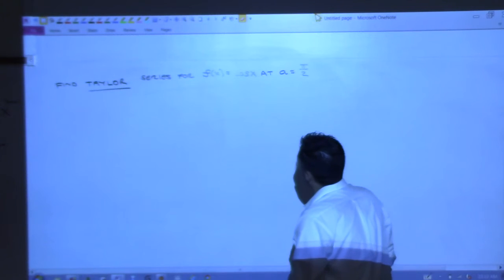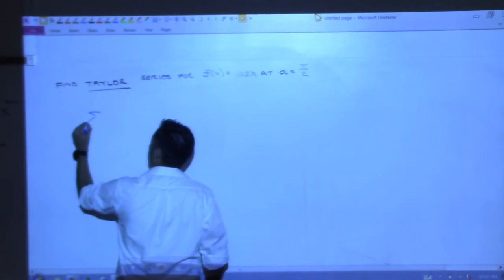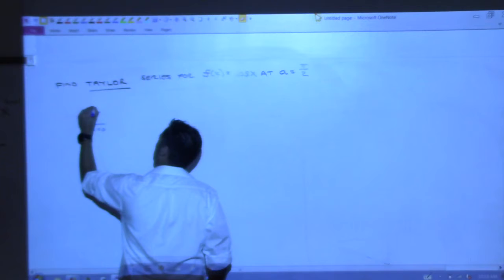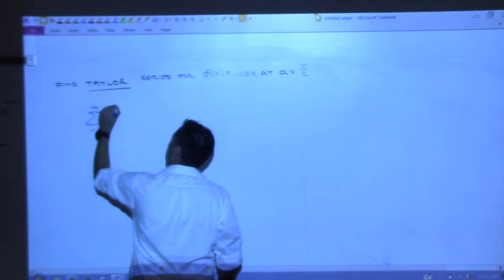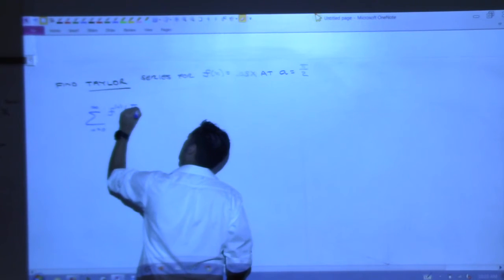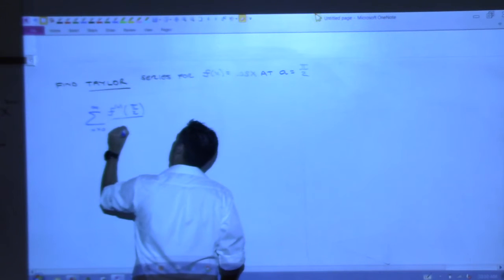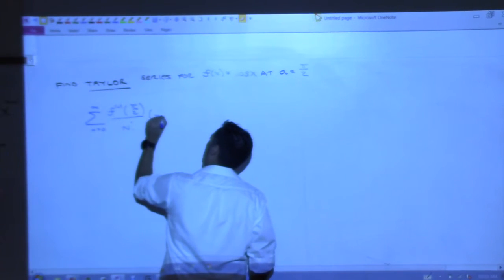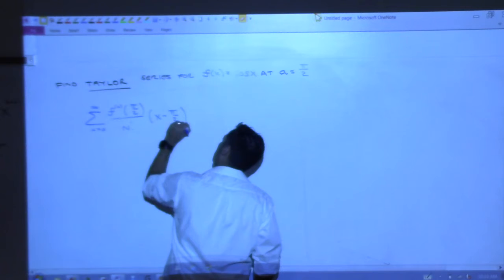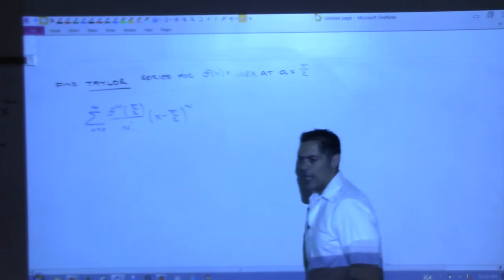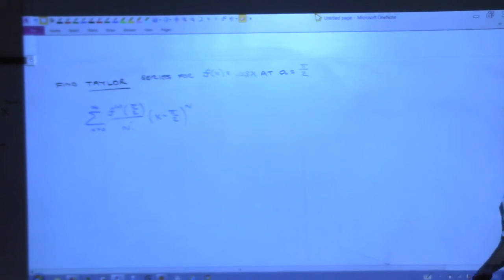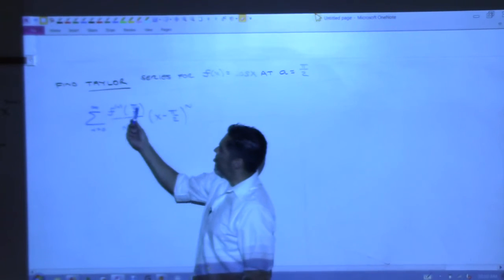All right, our formula is going to be sum n equals 0 to infinity, the nth derivative at pi over 2 over n factorial x minus pi over 2 to the n. So that's your Taylor series, right? We still need to come up with figuring out what this is.